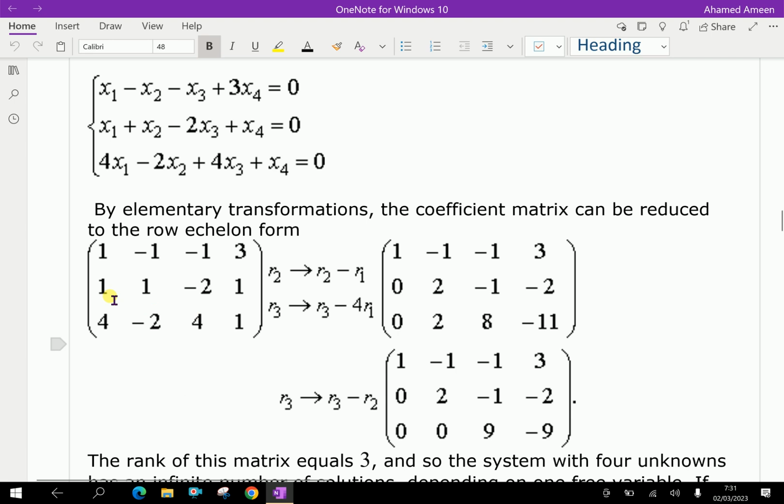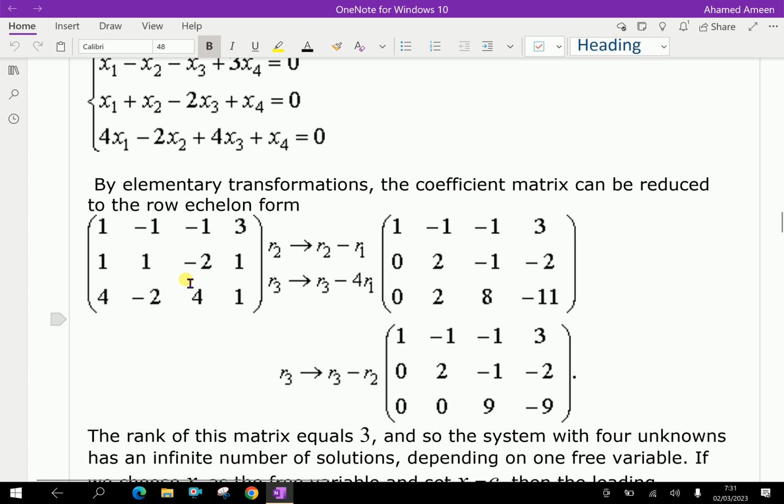Our aim is to make these parts 0. To do that, R2 becomes R2 minus R1: 1 minus 1 is 0, 1 minus of minus 1 is 2, minus 2 minus of minus 1 is minus 1, and 1 minus 3 is minus 2. So this first pivot becomes 0.